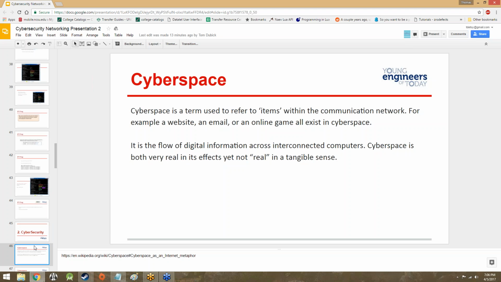That is cyberspace. It's very strange to be talking about something that actually has no physicality, yet affects our lives in so profound a way. Everything we do on a daily basis is affected in some sense or another by cyberspace.